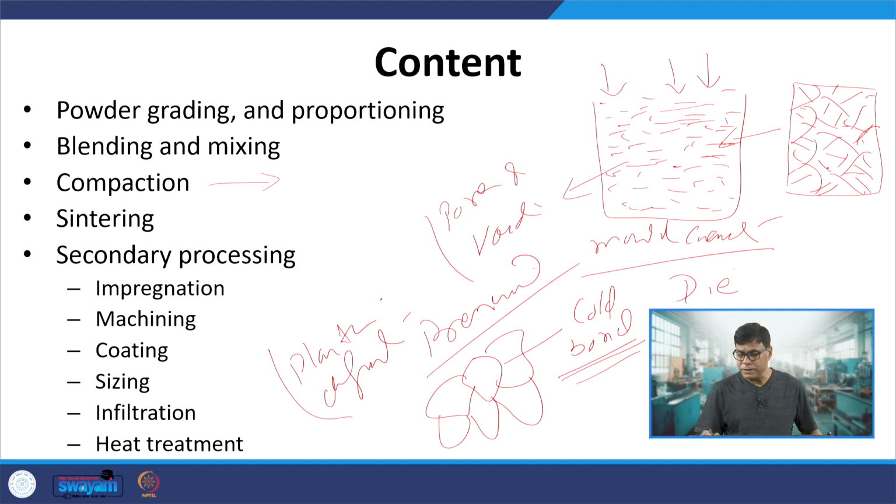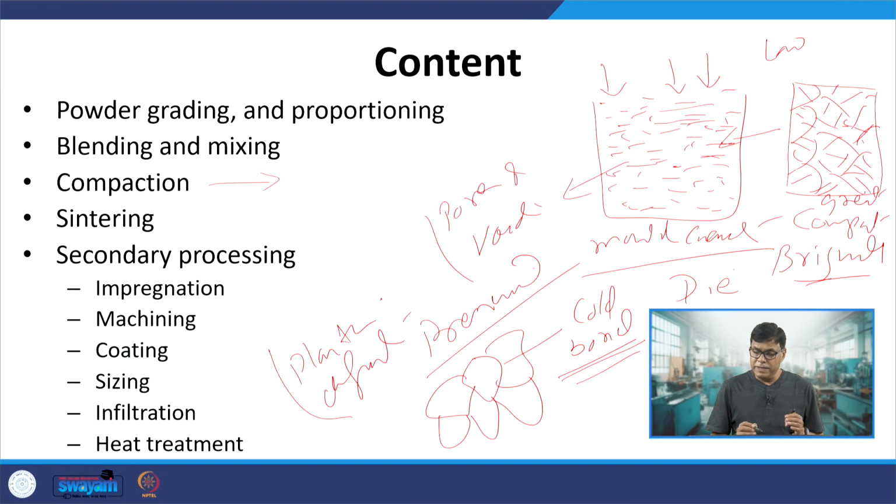This kind of partially processed component is called a green briquette, a green component or green compact. It has very low strength because the bonding between the powder particles is primarily due to the plastic deformation coupled with mechanical interlocking and cold bonding.